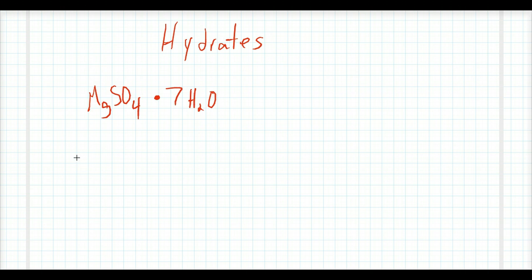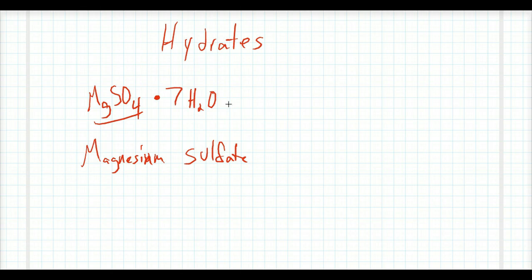Okay, so it's one of the easiest naming systems. It's magnesium sulfate. That's not an overly difficult polyatomic ionic compound to name.